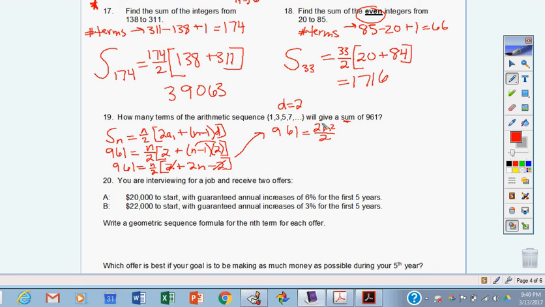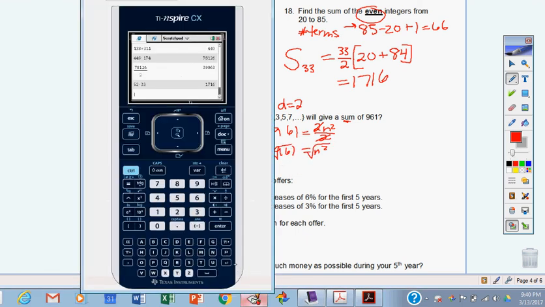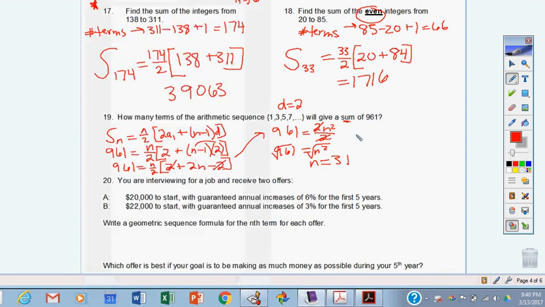Looks like that's right. So we got n squared equals 961. So when we take the square root of both sides, if that's not one that's popping into your mind, control divided by, control square root of 961. So we actually have plus or minus 31, which I'm obviously not going to put the negative on there because that makes no sense to have negative 31 terms. So 31 would be the answer.